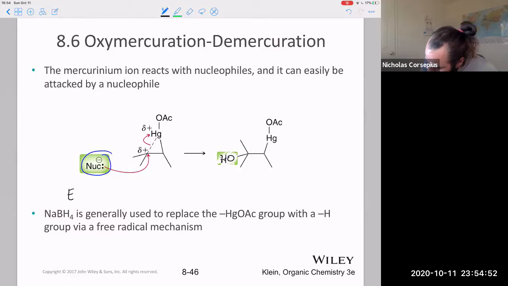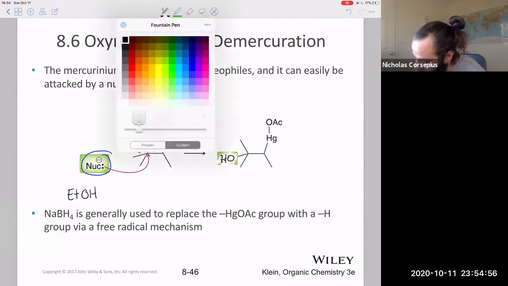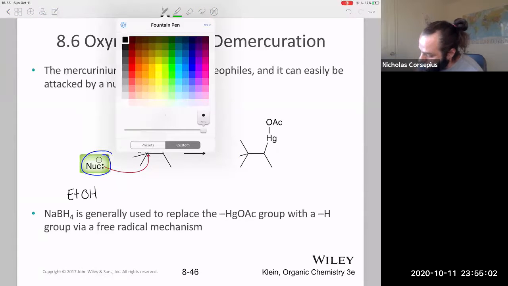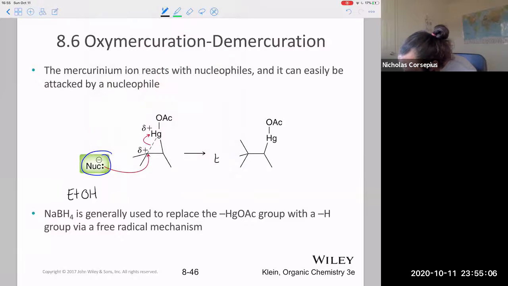So for example, you could have ethanol as well. And so that would mean that ethanol is going to behave as my nucleophile. And at the end, I would get an ether. Right, so where that oxygen is again behaving like a nucleophile, but it's not going to then turn into an alcohol group. It's going to be an ether group.